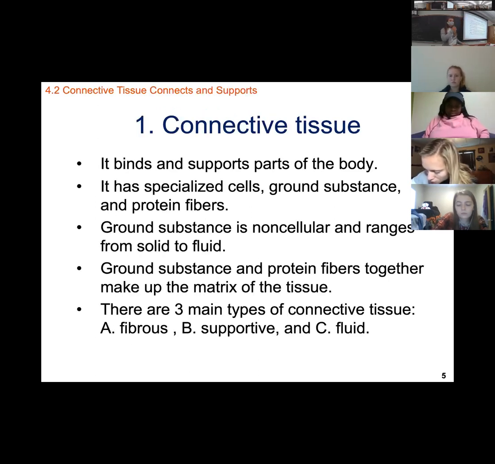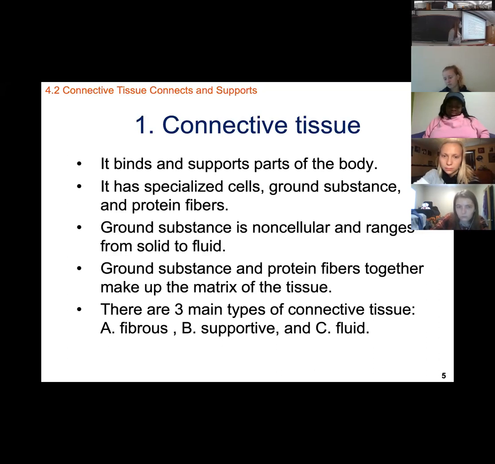The first is the connective tissue. This is what binds and supports parts of the body. We have specialized cells that are ground substance and protein fibers. I think of this as all the things that are connecting different types of things together.